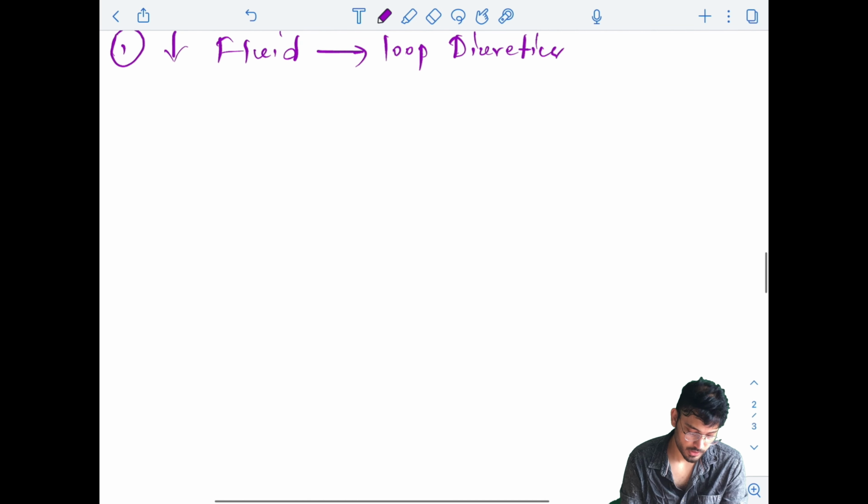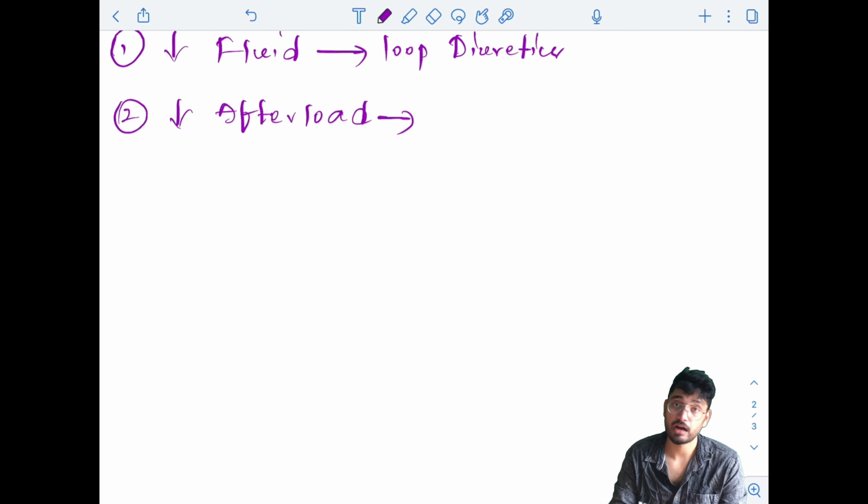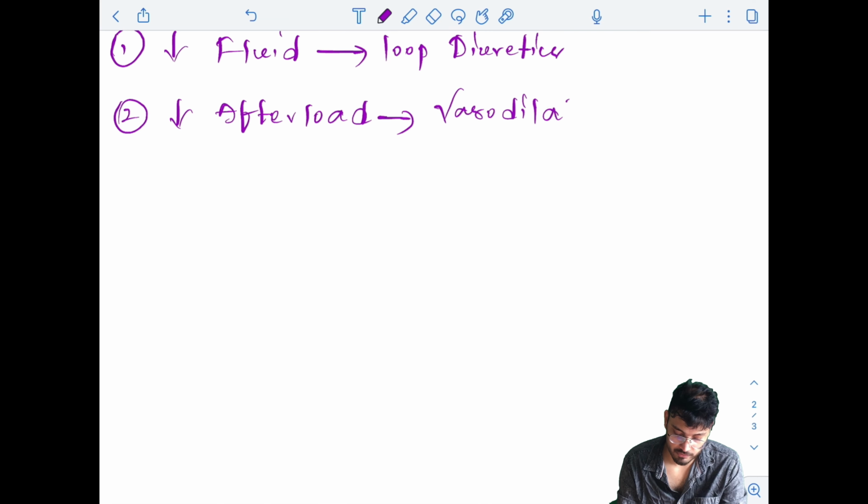Second, I have to decrease the afterload also. How should I decrease the afterload? By giving vasodilators.